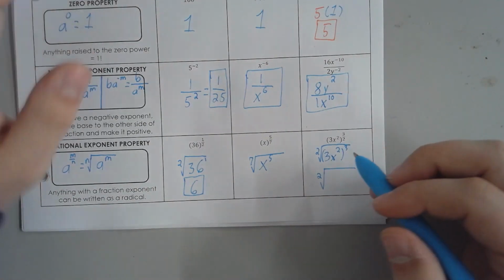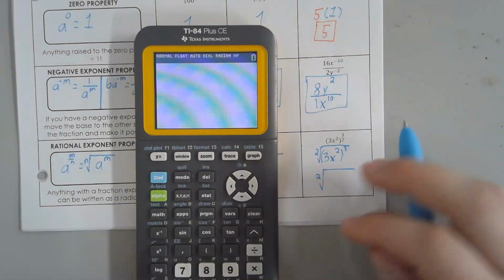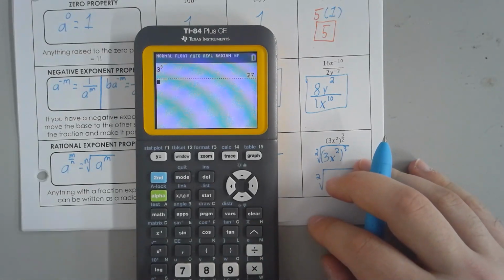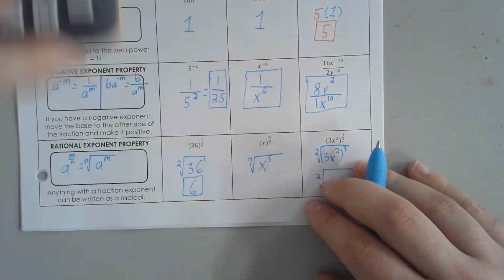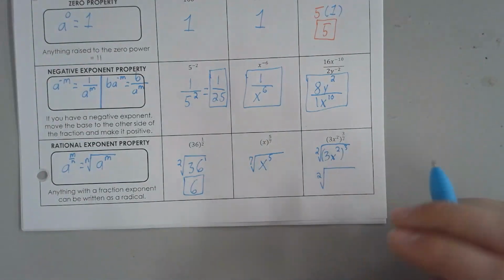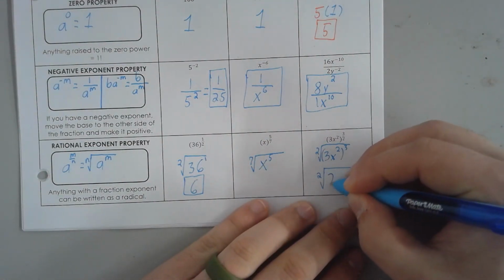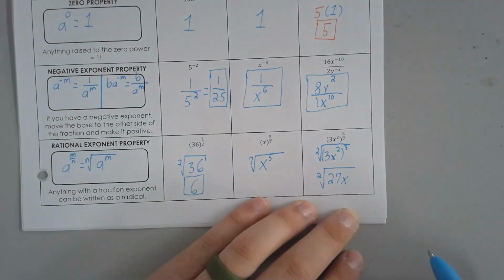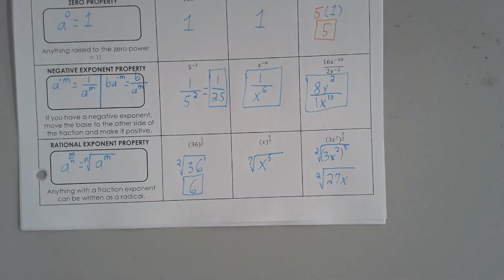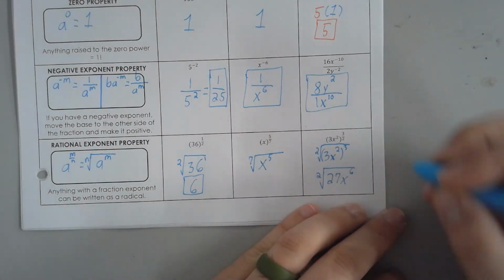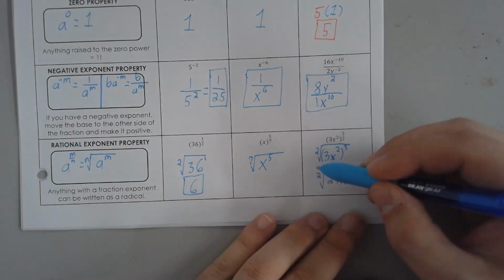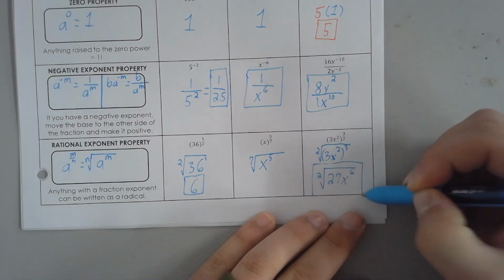So 3 cubed, 3 to the 3rd power, we get 27. So that's 3 times 3 times 3. And then we've got x squared raised to the 3rd power. We do 2 times 3. So we get the square root of 27x raised to the 6th power.